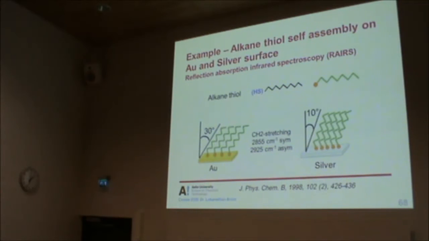So this is one example where even the directional vibrations can be detected, and this gives more information about how the molecules are oriented, not just if the molecules are there, not just how much of these molecules are there. You can also tell whether they are tilted, whether they are vertical with respect to the surface or not.